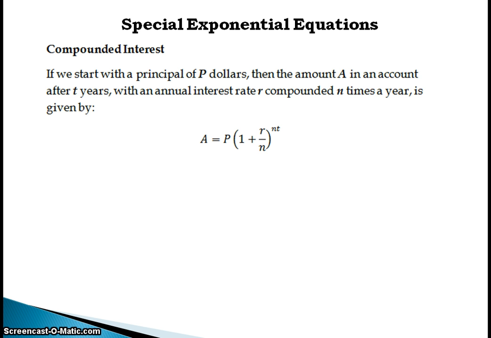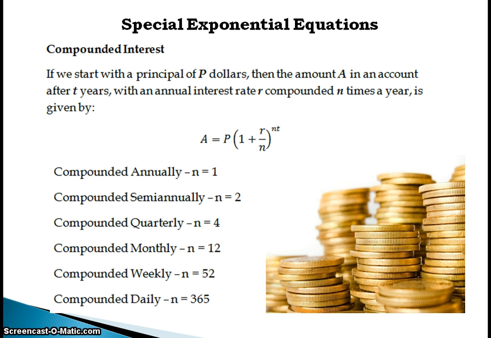So this is the formula. Make sure when you take notes on this that you have this formula and that you have all of these piece parts labeled. Now, what do we mean by number of times a year? If something is compounded annually, then it's compounded once a year, and N would be 1.